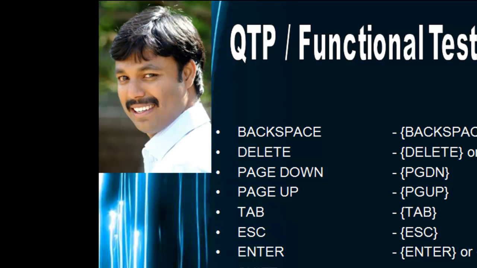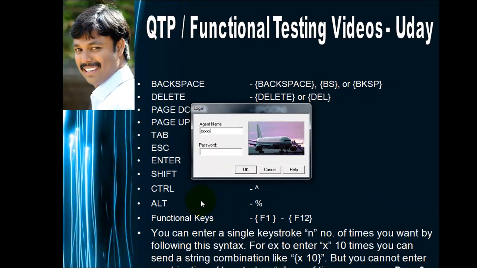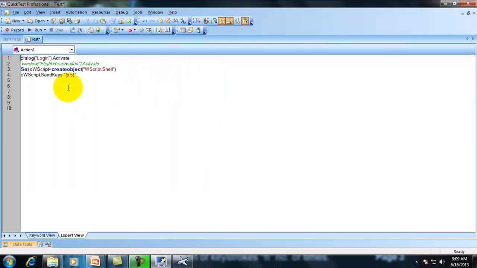That's about this point. But you cannot enter a combination of keystrokes and a number of times. For example, I cannot set Alt x 5 times. If it is a single character like x, you can enter that. For example, you can enter tab 5 times. In control 1 you enter some text, then press the tab button 5 times, and enter another value.